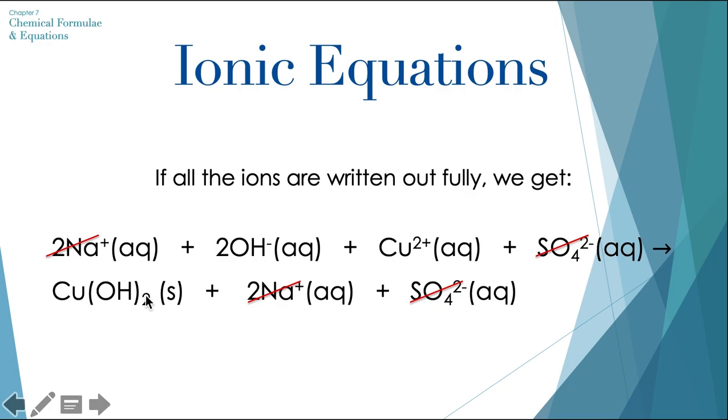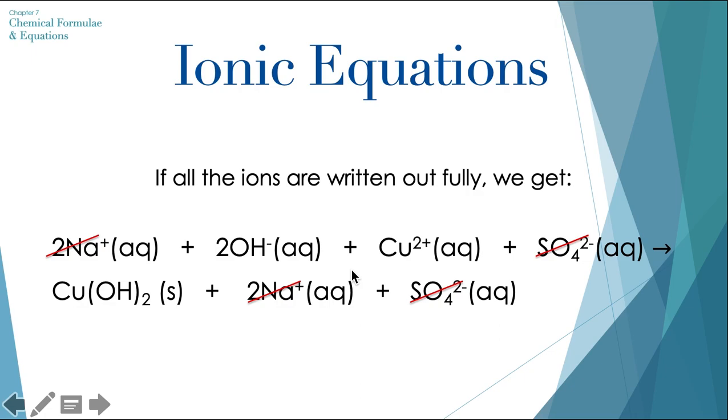And then afterwards we get copper hydroxide and sodium sulfate. So sodium and sulfate are there in the end, and in the beginning they're also there. So they have been present throughout this equation and remain unchanged. And so because of this, they're called spectator ions.